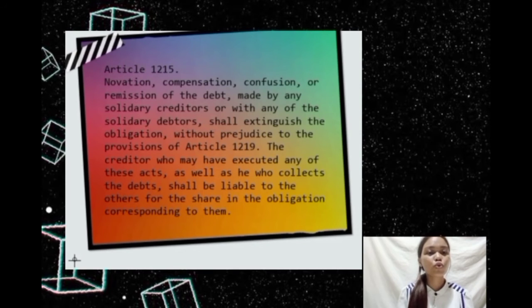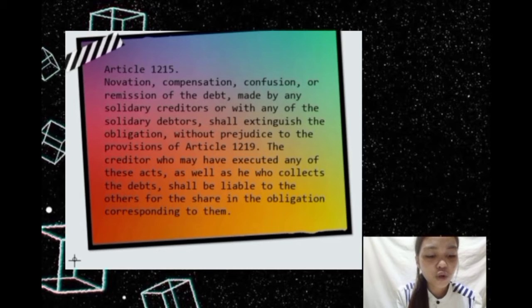So, Article 1215 says that novation, compensation, confusion, or remission of the debt made by any of the solidary creditors or with any of the solidary debtors shall extinguish the obligation without prejudice to the provisions of Article 1219.